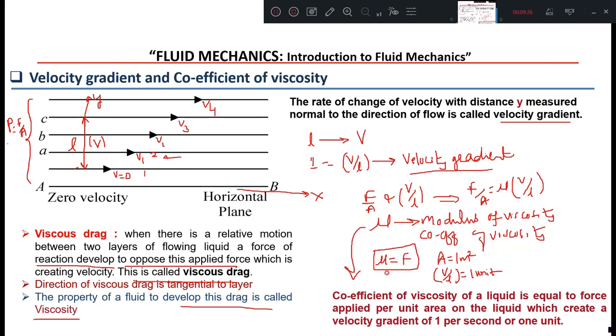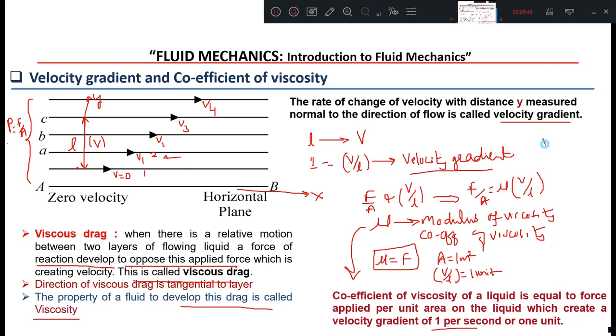Hence we can define the coefficient of viscosity of a liquid as the force applied per unit area on the liquid, which creates a velocity gradient of 1 per second or 1 unit, because the unit of velocity gradient is per second.